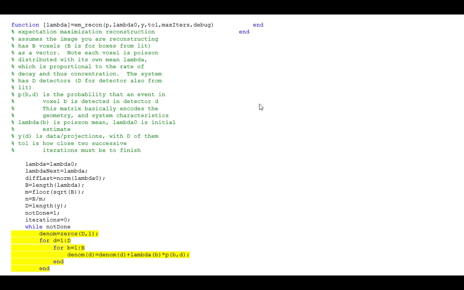Because, in essence, lambda is that mean, and P in essence is containing how much I should have of those, how likely it is to get picked up and detected, and the photons to make it out, things of that sort.